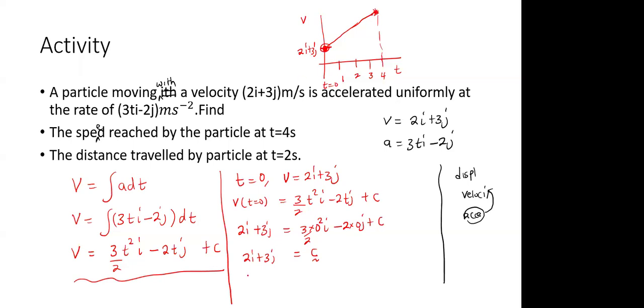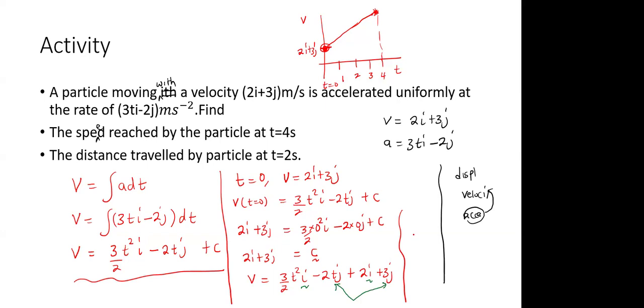So when I come back here, friends, I'll have v is equal to 3 over 2 t squared i minus 2tj. Then where there is c, I'll put 2i plus 3j. Now, after doing so, we collect like terms. You bring your i's together, you bring your j's together.